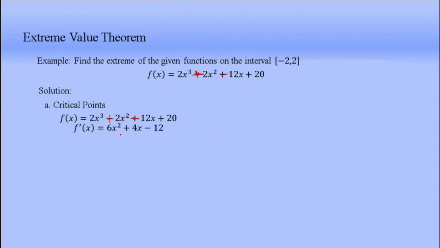Okay. So the derivative of positive 2x squared is positive 4x, and the derivative of negative 12x is negative 12, and the derivative of 20 is 0.